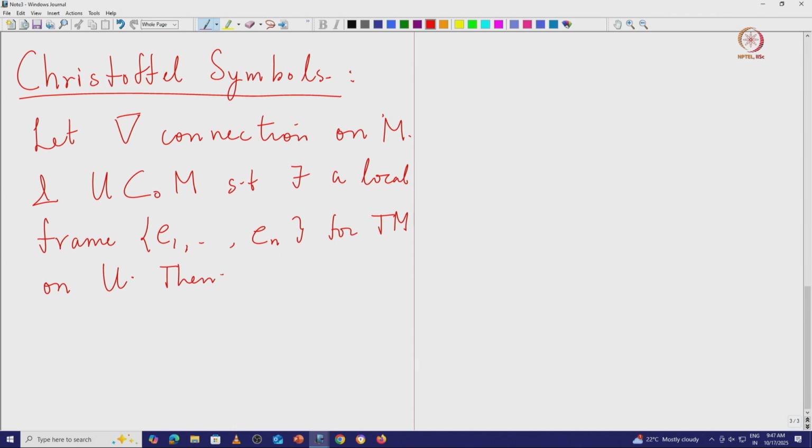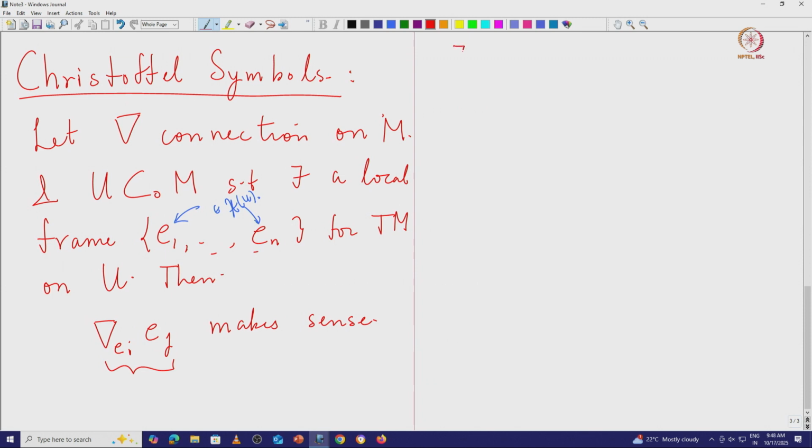Then this quantity, nabla_{E_i} E_j, makes sense, because as I said, you can restrict your connection to the open set U, and each of these are basically vector fields on U. Moreover, because this is a frame, this new vector field will be a linear combination of those vector fields.